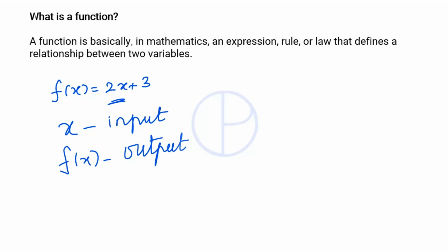The input value is the number being put into the function, and the output value is the number coming out of the function. Functions are a huge topic, but let's make sure you get the basics right in this video.